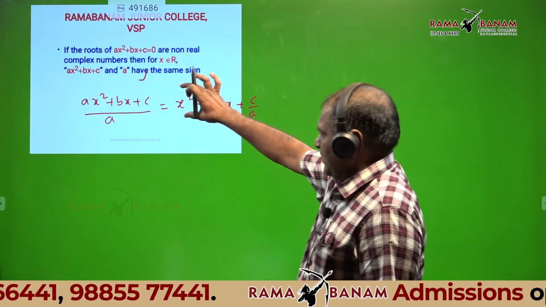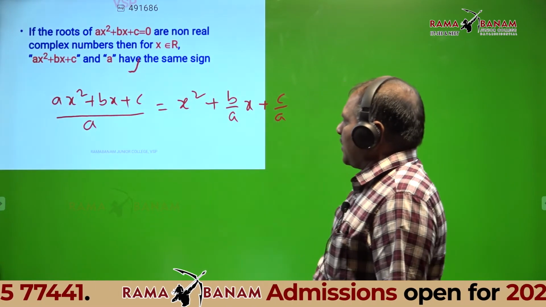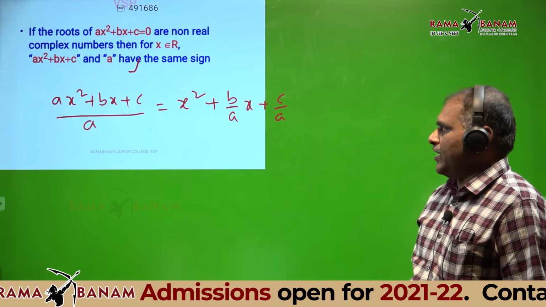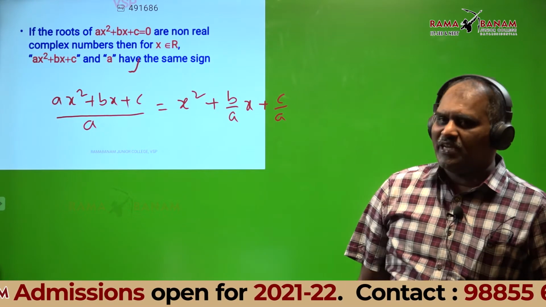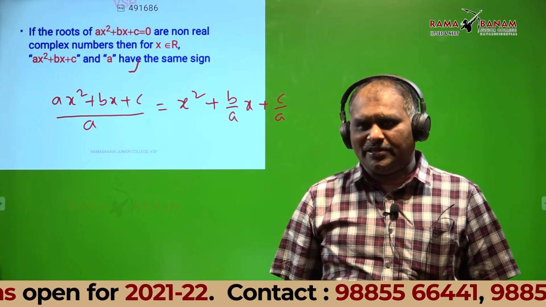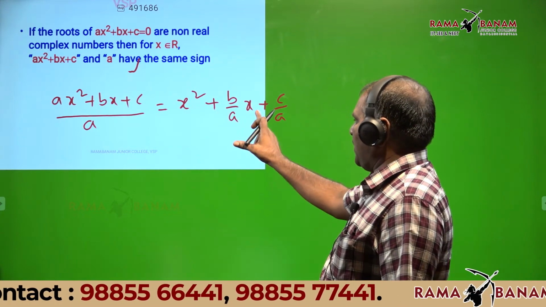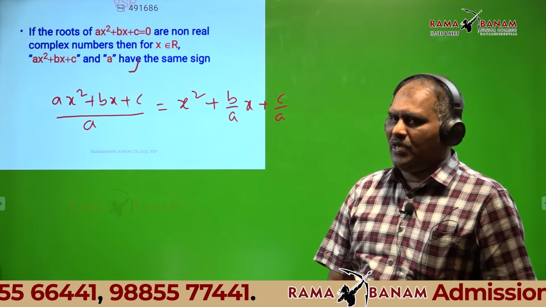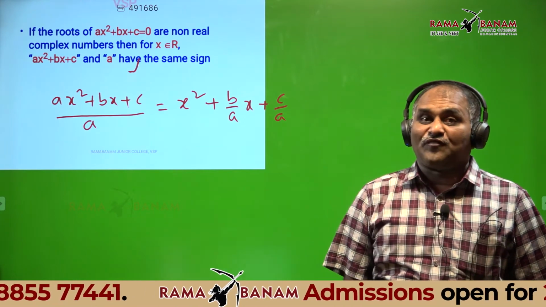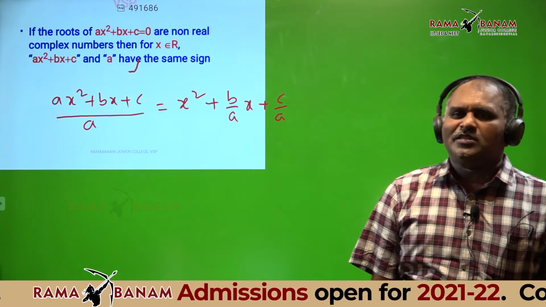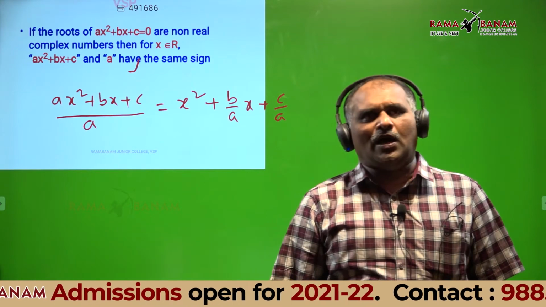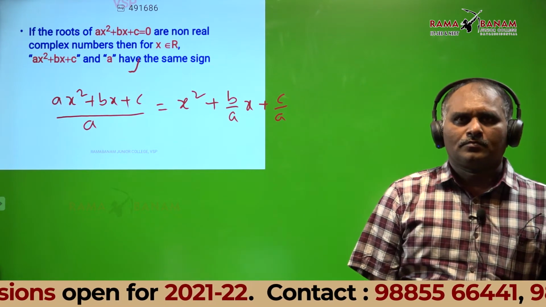Afterwards, first listen. That is ax square plus bx plus c divided by a. What you get is x square plus b by a into x plus c by a, converted to perfect square form. What is the (a plus b) whole square formula? a square plus b square plus 2ab.